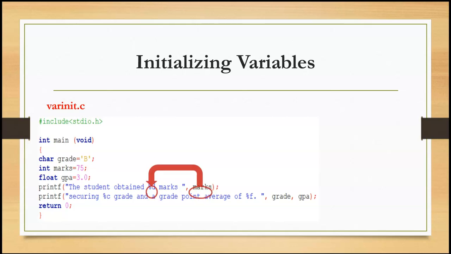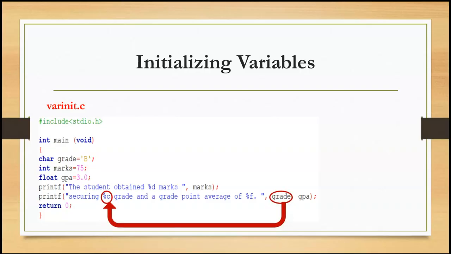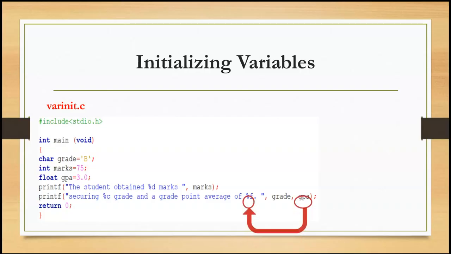In the first printf statement, the format specifier %d will be replaced by the value of the variable marks. In the second printf statement, the %c format specifier will be replaced by the value of the variable grade, and %f format specifier will be replaced by the value of the variable GPA.